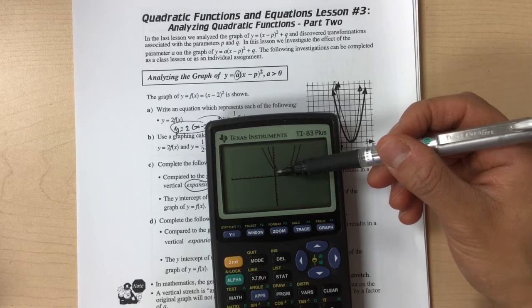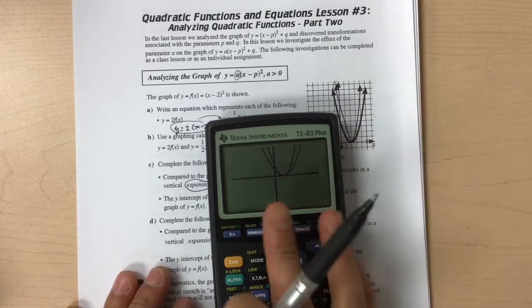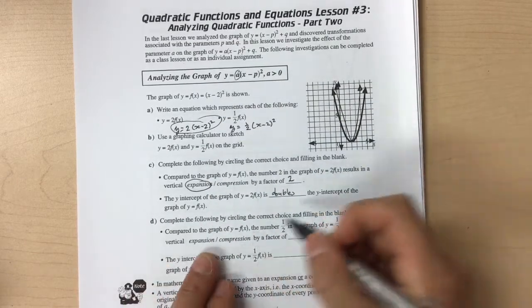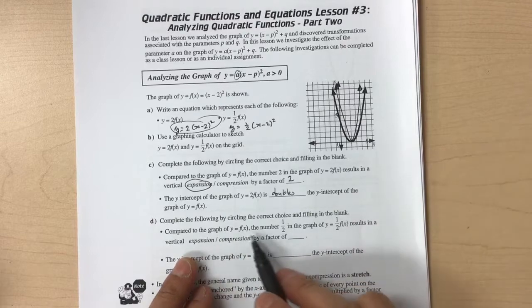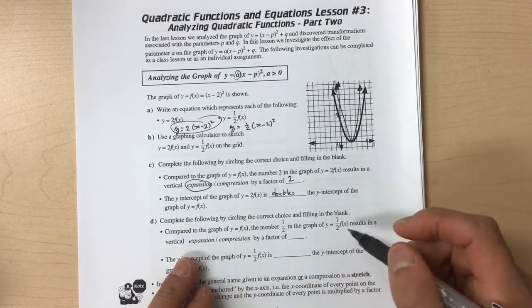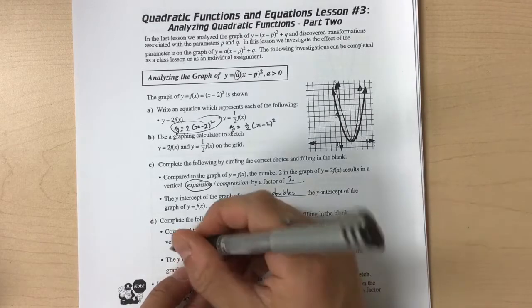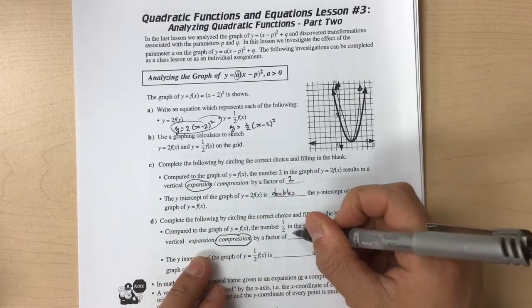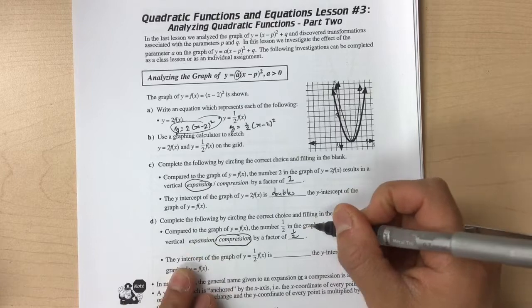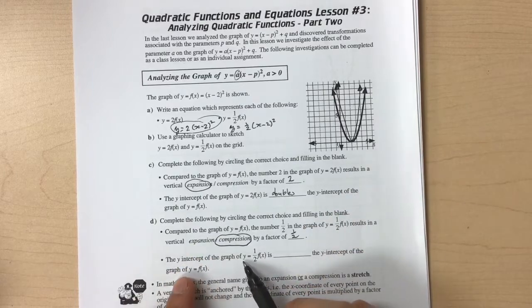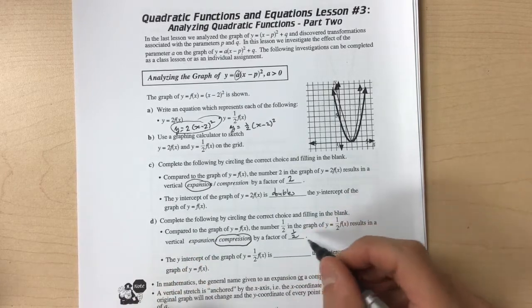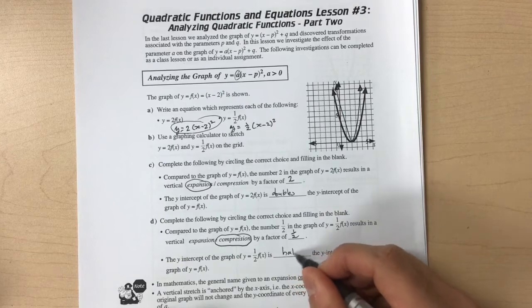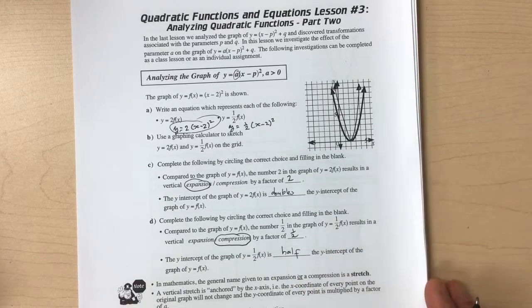So when we were at 3, now we're at 1.5. So compared to the graph, the number 1/2 in the graph of 1/2 f of x results in a vertical compression by a factor of 1/2. So the y-intercept of the graph of y equals 1/2 f of x is going to be half the y-intercept of the graph of y equals f of x.